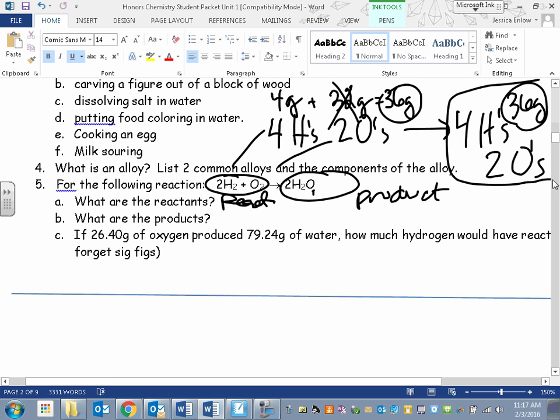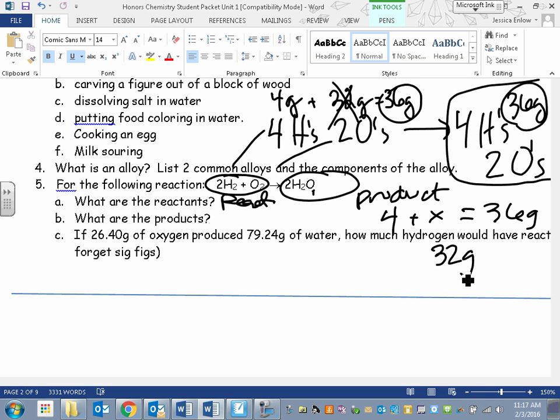First, you would do what? Find the difference. I heard somebody say subtract. You would do 36 grams on this side and 4 grams on this side plus x, because you don't know what that is. So you first solve for x to be what? 32 grams, and then you could divide it by 2 to find the mass of our unknown, what we're calling oxygen in this case, if I really wanted to go that far.